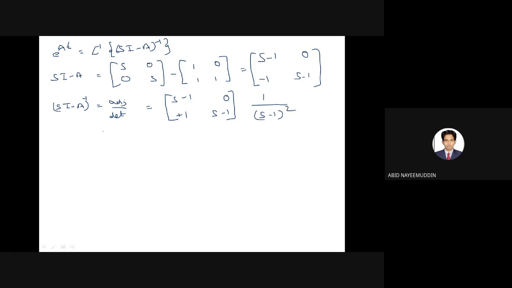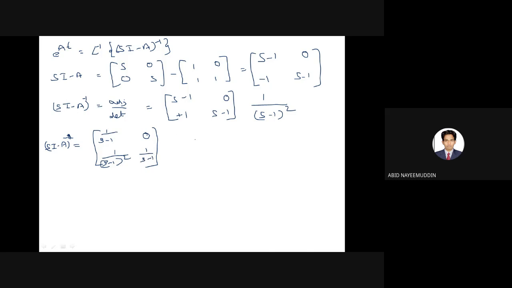Now sending that to the inner side, sI minus a whole inverse is equal to 1 by s minus 1, 0, 1 by s minus 1 whole square, and 1 by s minus 1.